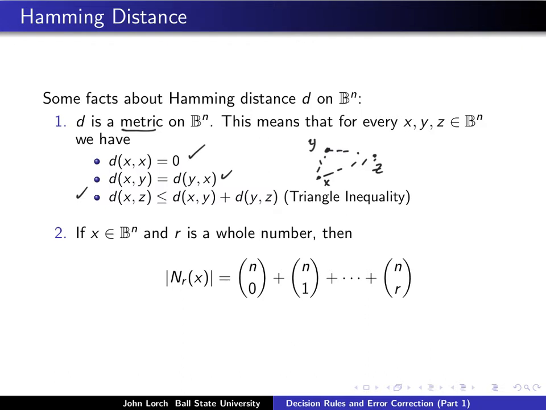So generally speaking, if you want the size of a neighborhood of radius r of any given string, if the strings are in Bn, it's just going to be the sum n choose 0 plus n choose 1 up through n choose r. So I want you to remember here now that n choose k is this formula involving factorials, right? It's n factorial over k factorial times n minus k factorial.